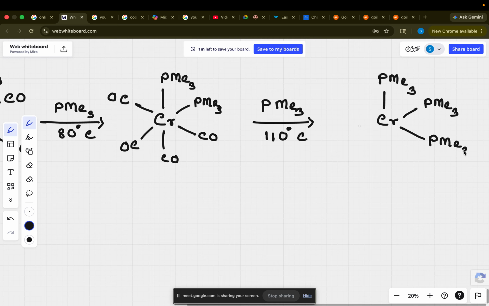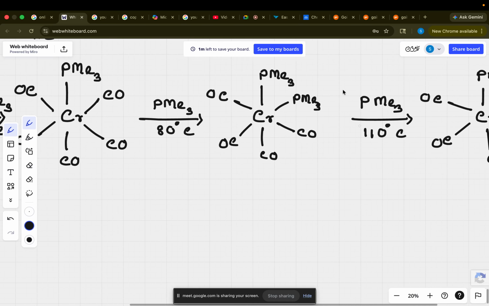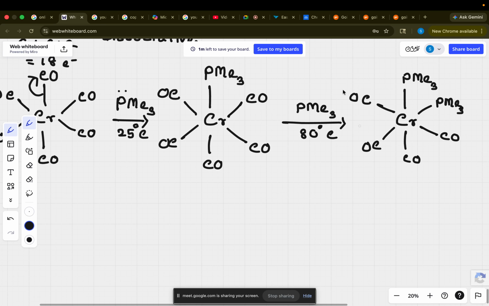Why we need higher temperature? So if you see here, when PMe3 comes, phosphorus is binding with the metal, that is fine.